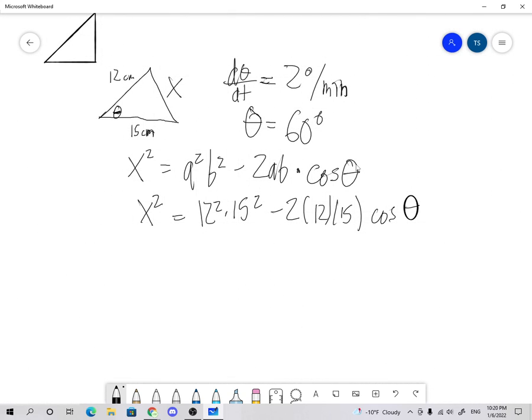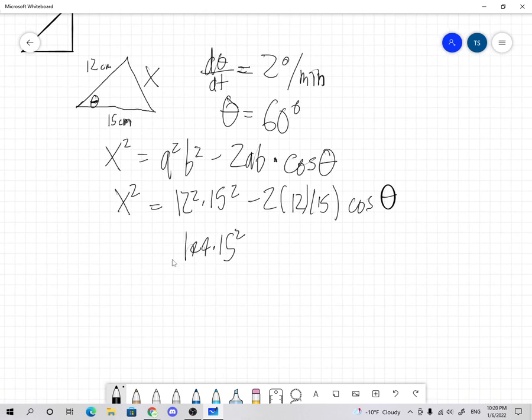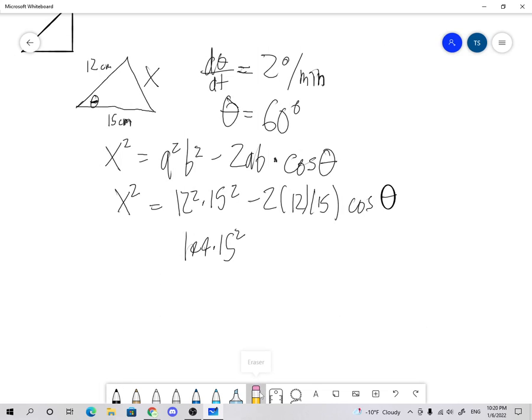Next, I'm going to start simplifying. So this will become 144 times 15 squared. I don't know 15 squared off the top of my head. That's going to be equal to 32,400. I'm just going to erase that because I don't have to deal with that.